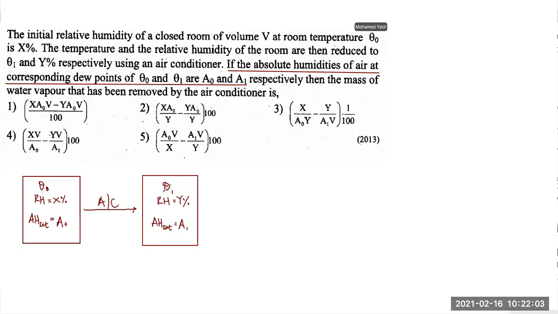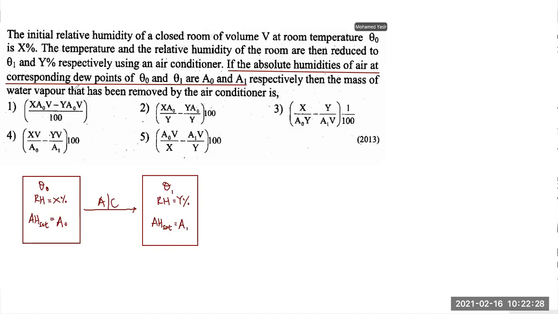So for this particular room there will be a dew point, and at that dew point the saturated absolute humidity is A1. Saturated absolute humidities are given to you, A naught and A1, because whenever you use the RH equation, you need the absolute humidity of saturated vapor. If not, you can't do the question. Indirectly, they have given that.